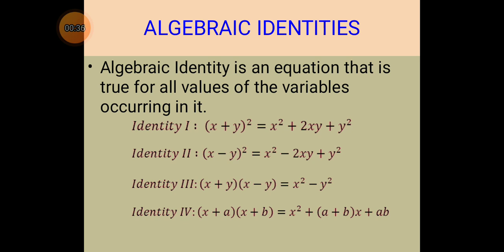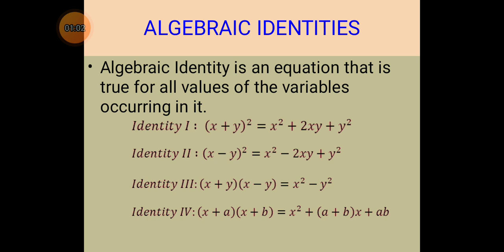Now, first of all, we will see what is an identity. Algebraic identity is an equation that is true for all values of variables occurring in it. That is, whatever value you substitute for x and y, you will get LHS is equal to RHS.